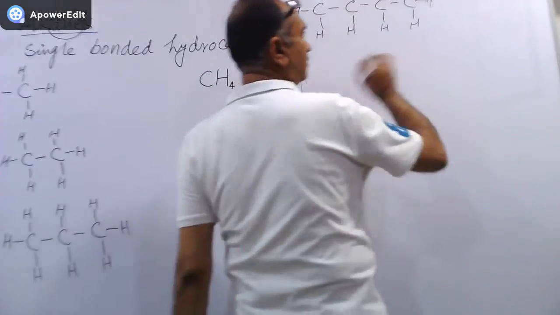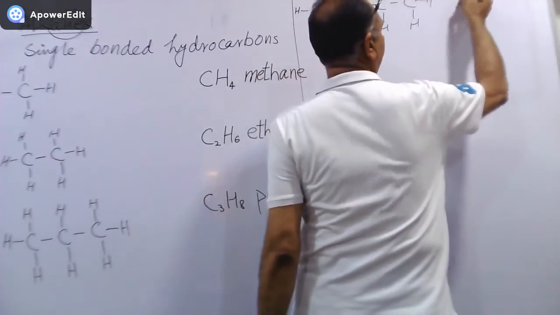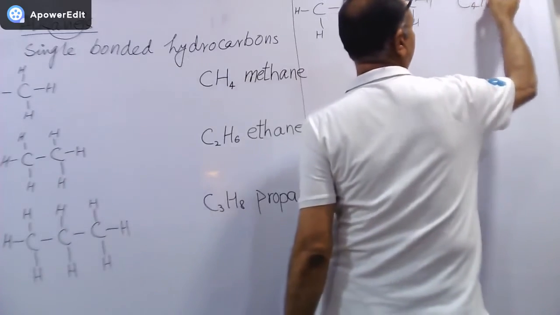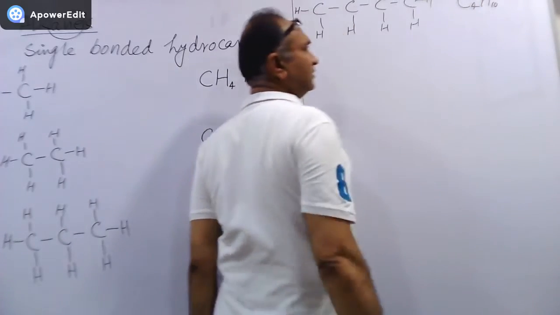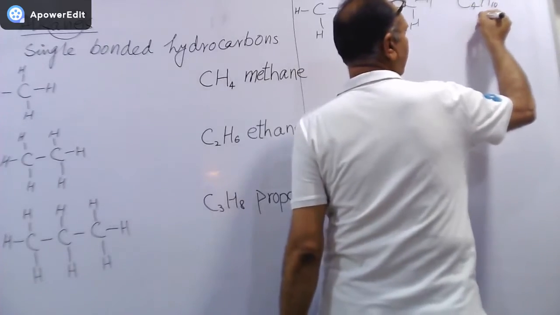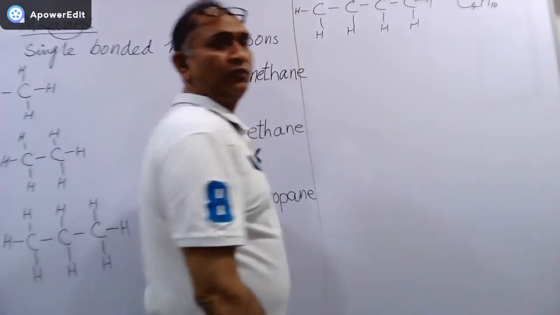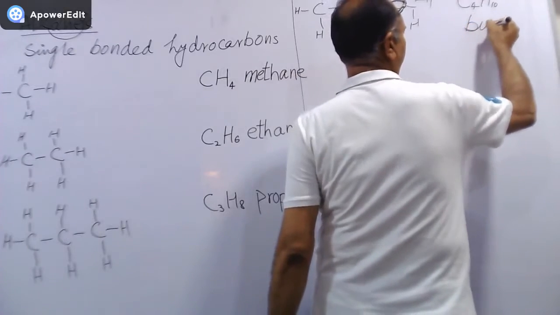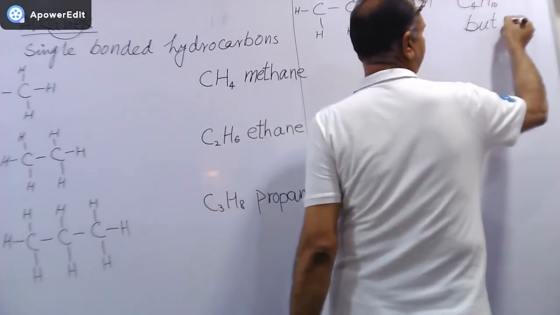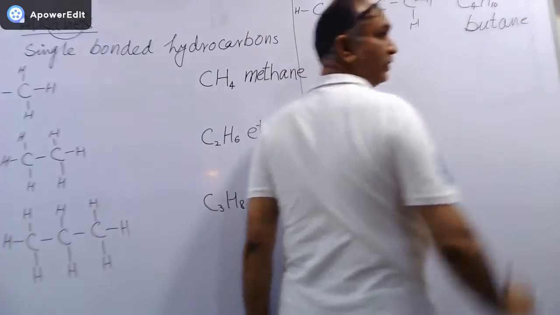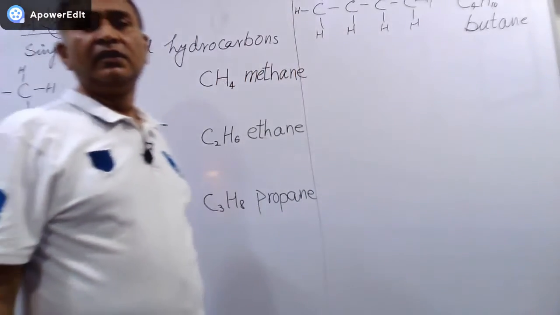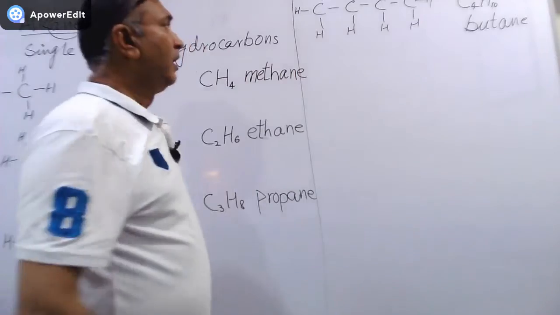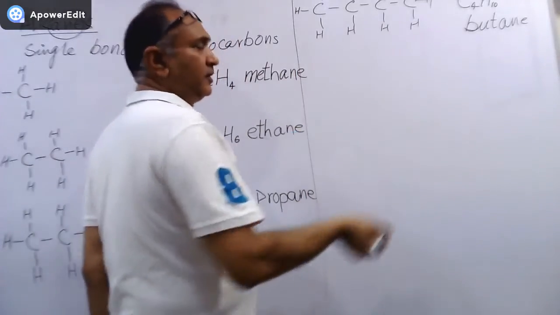So its short formula would be C4H10, and its name would be: what is the prefix for 4 carbons? But. Only single bonds? Ane. Butane. Okay? And you can proceed further.